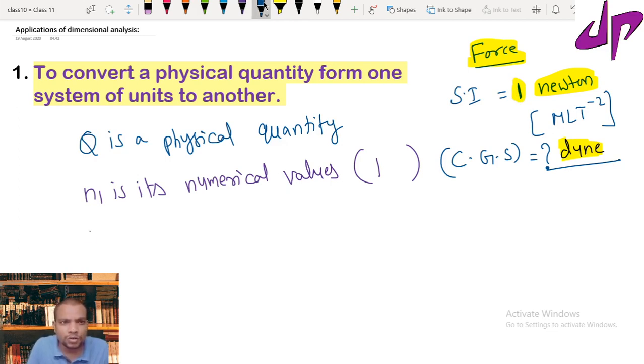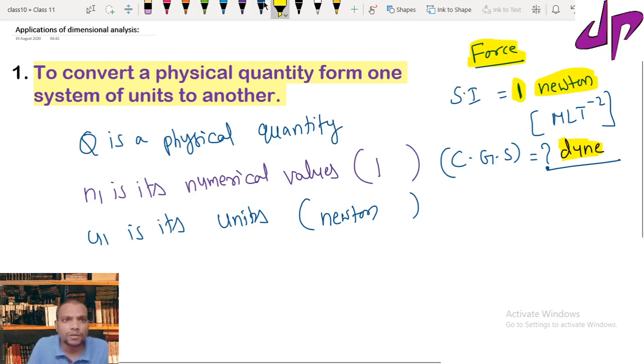And U1 is its units. Here I have taken the units as Newton, in one system of units. So these two come under one system of units; let this be the SI system of units.